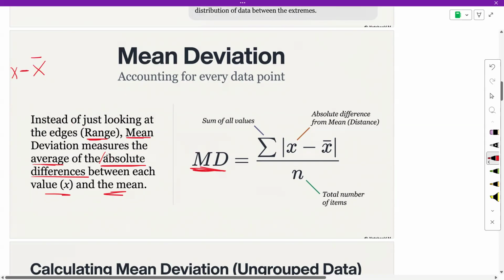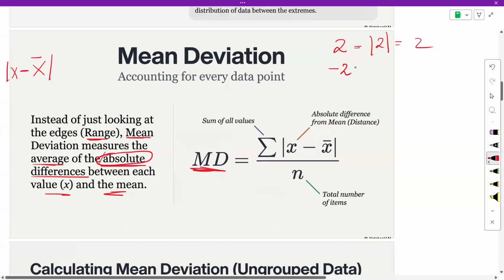And here they talk about absolute deviation. Here we put this mark, which represents absolute. For example, the absolute value of 2 is 2. And what is the absolute value of minus 2?